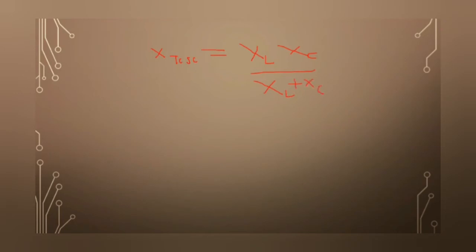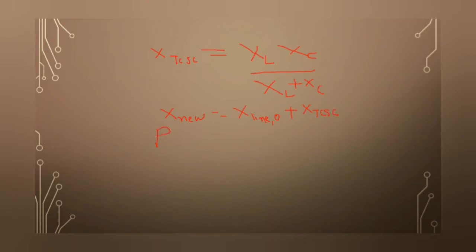So by selecting the capacitive and inductive reactance values, you can calculate the XTCSC, and your new line reactance X new is equal to your old line reactance, X line old, plus XTCSC. In this way, you can modify your transmission line reactance.